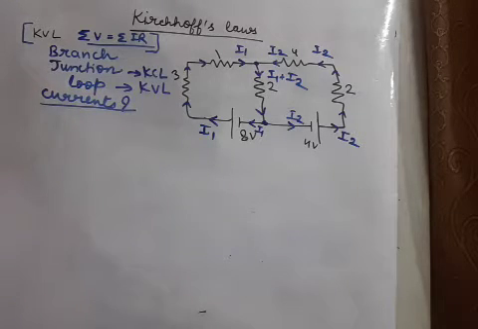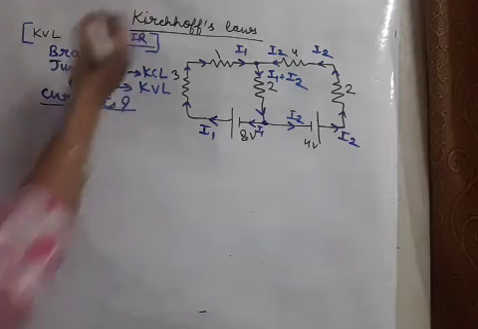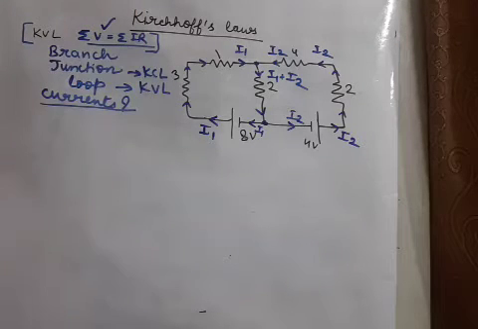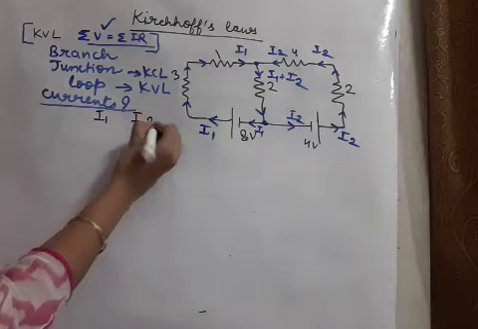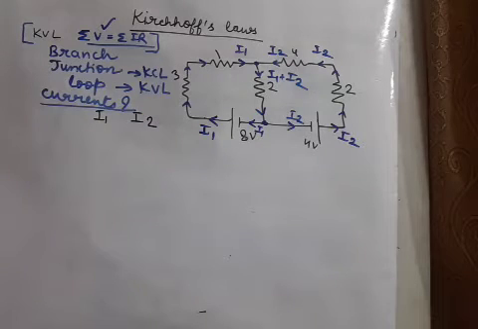Now our target is to apply KVL so that we can make equations which will help us find the unknown currents. How many unknowns are there in the circuit? There are two unknowns, I1 and I2, and for solving two unknowns we require two equations.